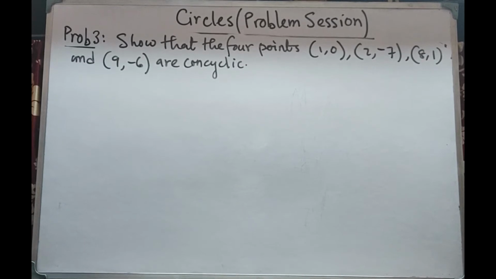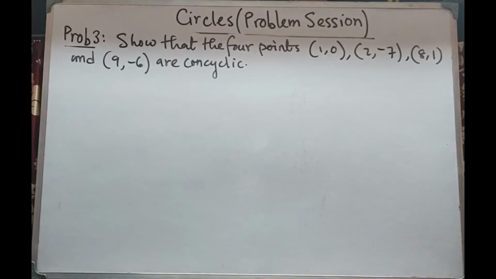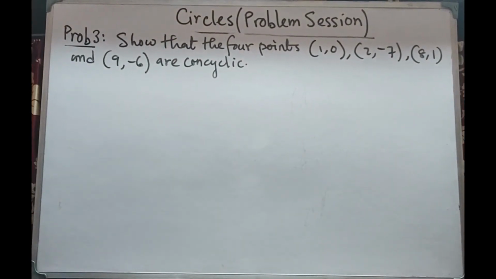Now this is almost the same problem as the previous one, but the difference is that there are 4 points here. Previously there were 3 points, but since we have 3 points here, we can take any 3 points and find the equation of the circle separately. And for the 4th point we have to verify whether it is lying on the circle or not. So this is basically the problem.